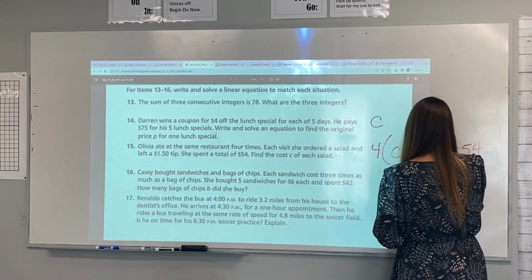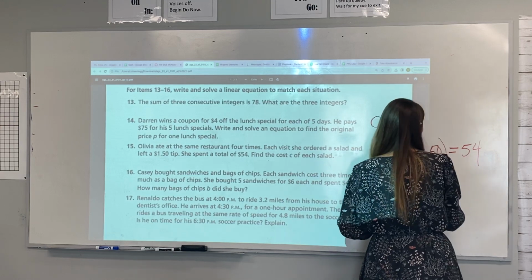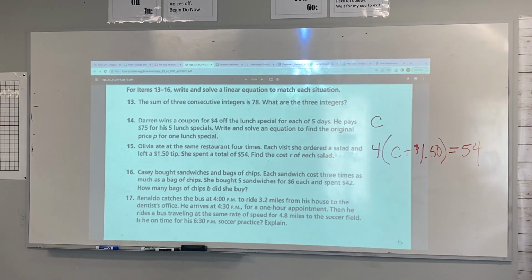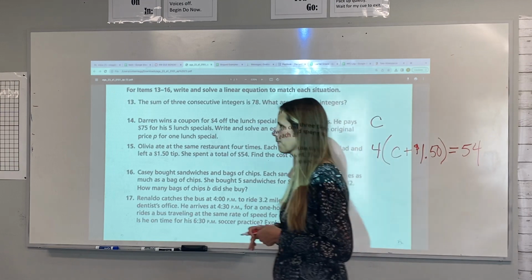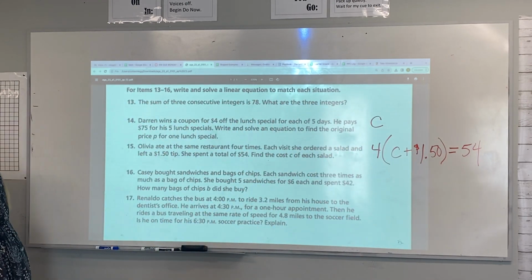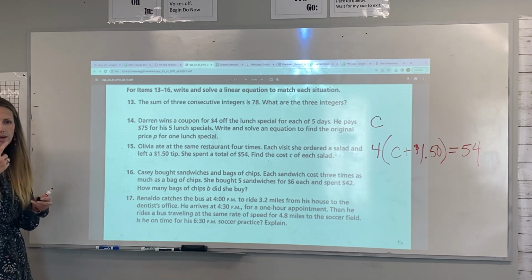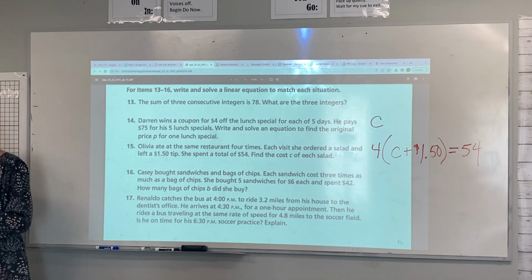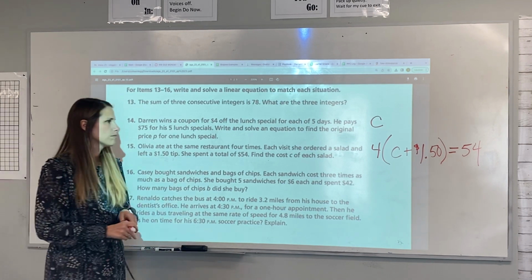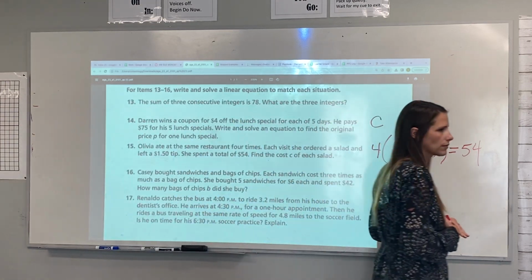Either way, I still added 24. Wait, I subtracted. Anybody have a calculator? If you need a calculator, we have them here. Wait, never mind. Give me a calculator.